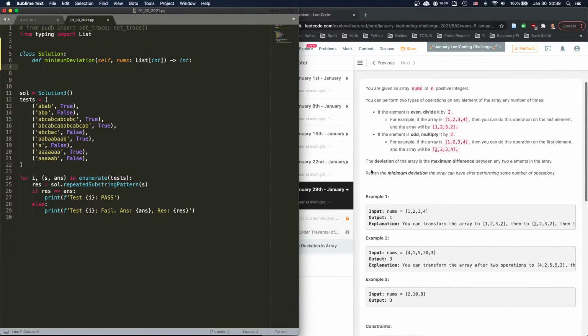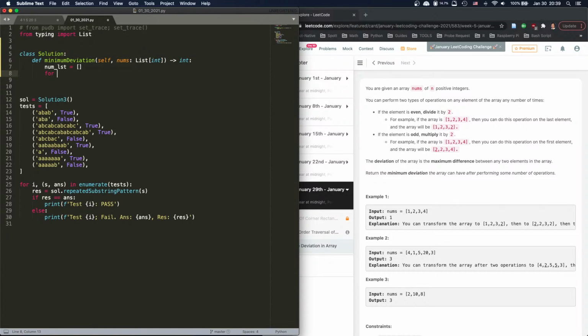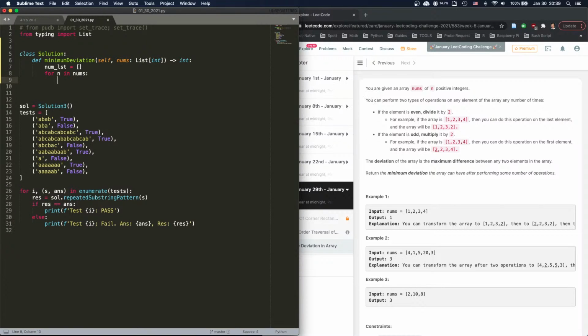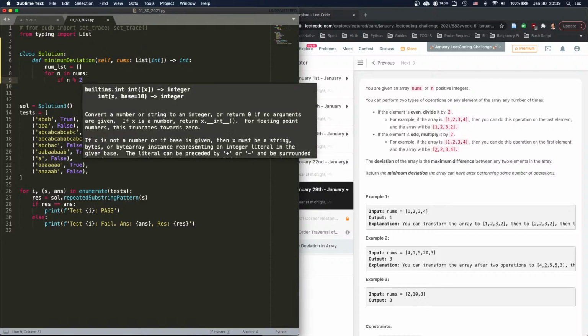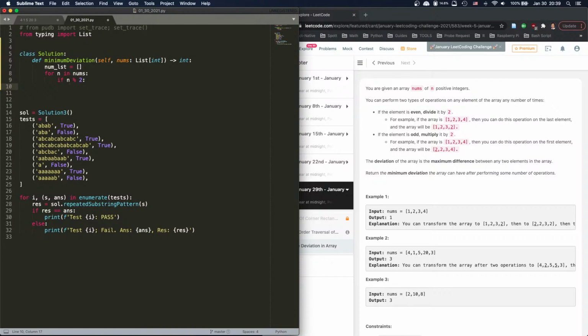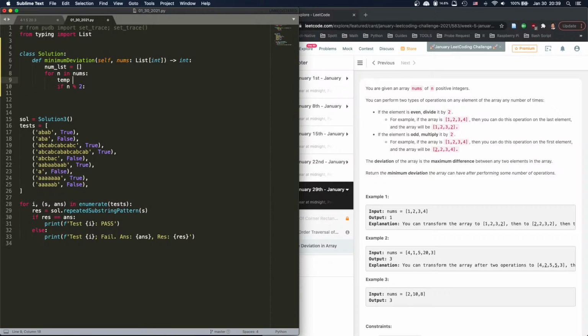All right, so what we need to know, if it's an even number, we divide. If it's an odd number, so we can give, it's going to be an array of array. We're going to start with num list equals this, and then for n in num, if n divided 2 is the odd number, then, actually don't have to.